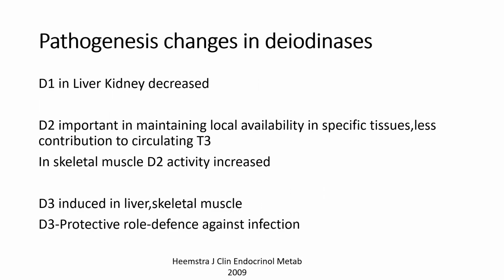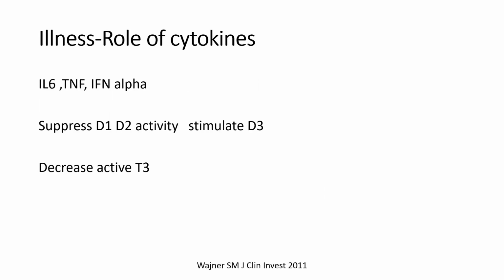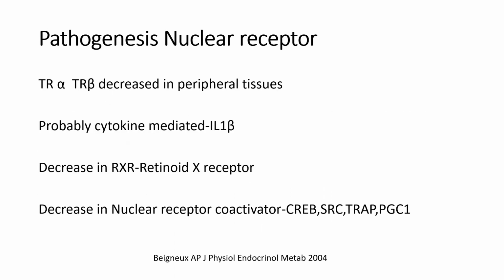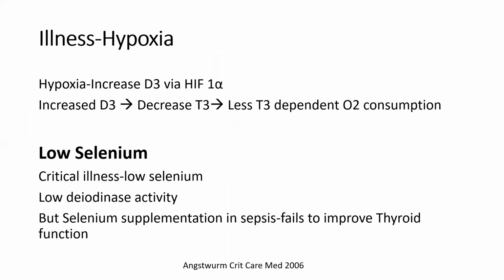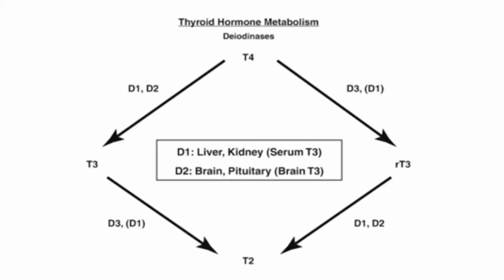What happens in non-thyroidal illness to these deiodinases? D1 in the liver and kidneys is reduced. I will explain with a diagram. What do D1 and D2 do? They convert T4 to active T3. In non-thyroidal illness, this conversion is reduced, so the active T3 formation is reduced. Along with that, D3 is increased in these conditions.